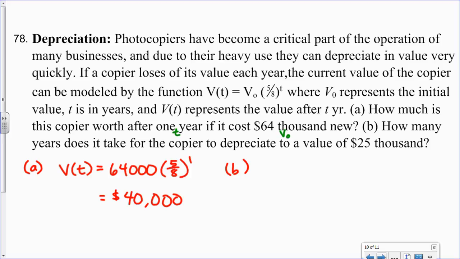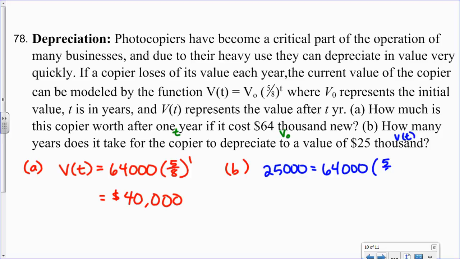Okay, part B. How many years does it take for the copier to depreciate to a value of 25,000? So where am I putting 25,000? Yes, V of T. So 25,000 goes here. We're assuming it still costs the same amount, so 64,000.